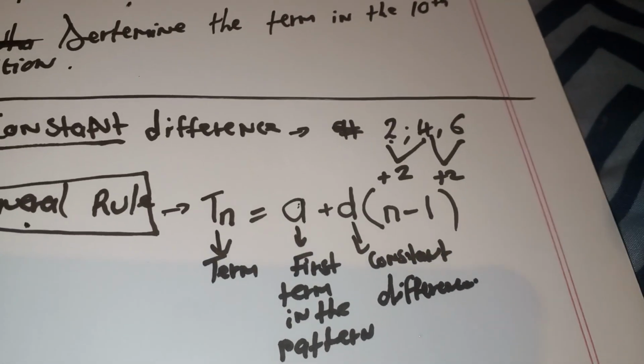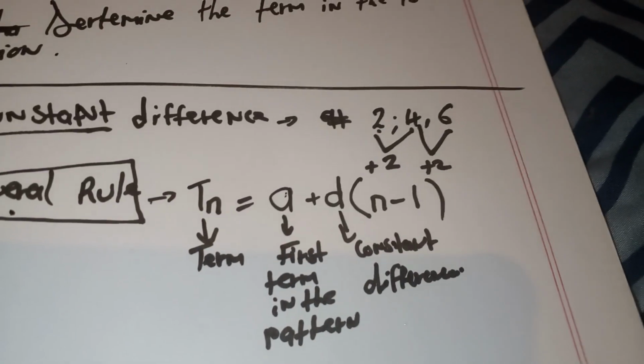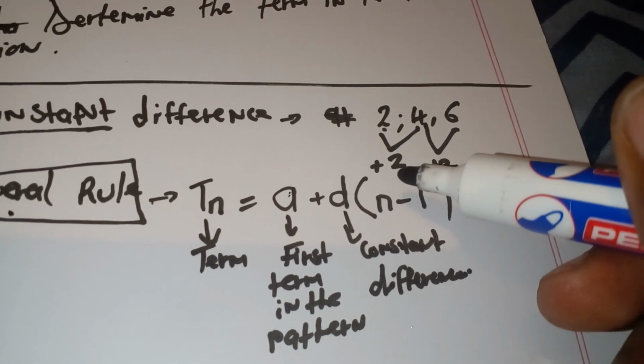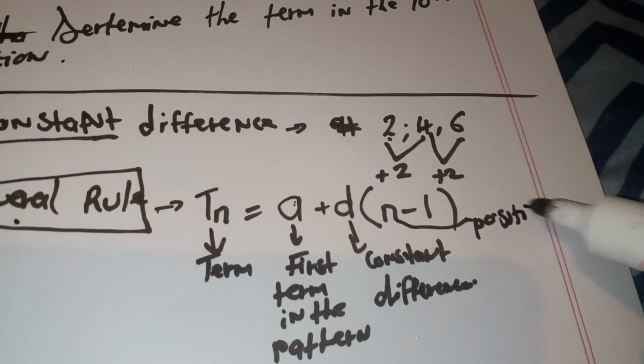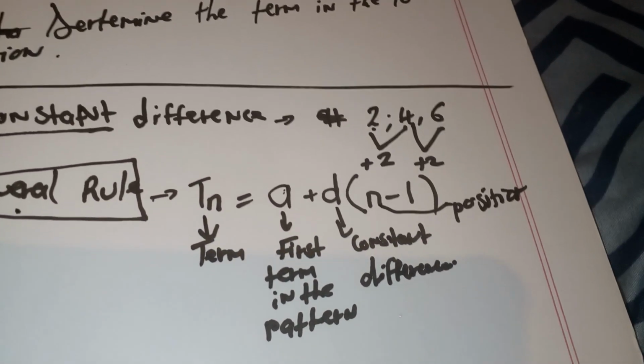Then the N, guys, is the position of the term in the pattern. The minus 1 is just there in the general rule.